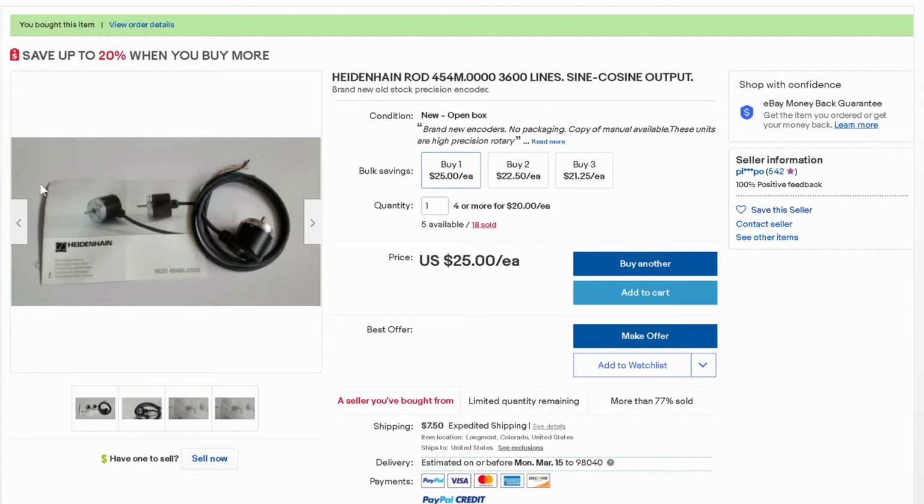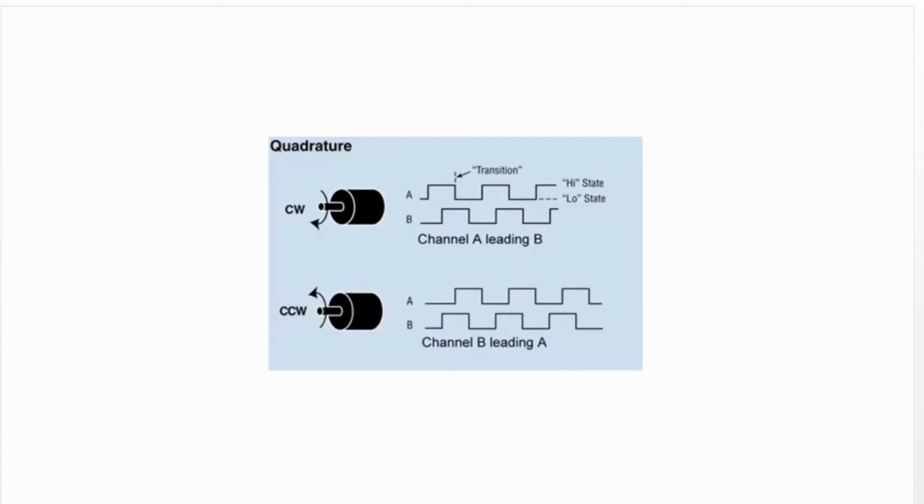So, just really quickly, the different kinds of encoder technology and signals. The basic ones really are quadrature encoders, and quadrature encoders are very common in lower end stuff. They put out square or semi-square high and low states on two different channels. You've got an A channel and a B channel.